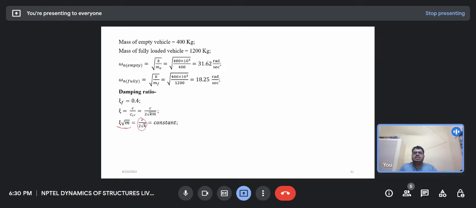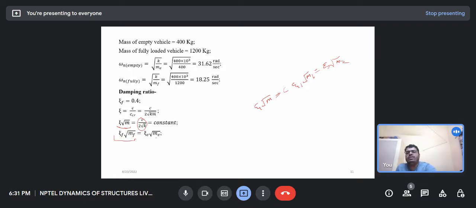So xi 1 square root of m1 is equal to xi 2 square root of m2. With the help of the fully loaded values and the me value, we can calculate the damping ratio for the empty vehicle. That comes out to be 0.693.